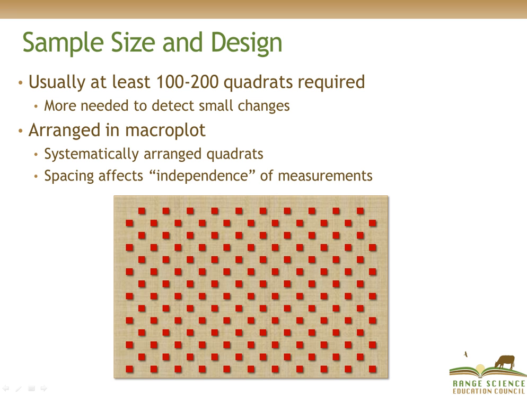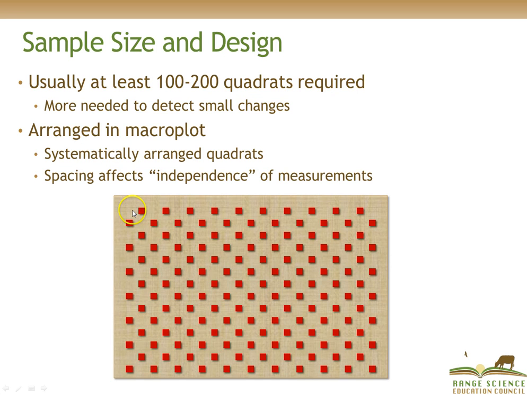The spacing is important because this does affect the independence of measurements. Now, I just said that they were systematically arranged, which means that we usually violate the assumption of independence when we use systematic arrangement of sampling units.